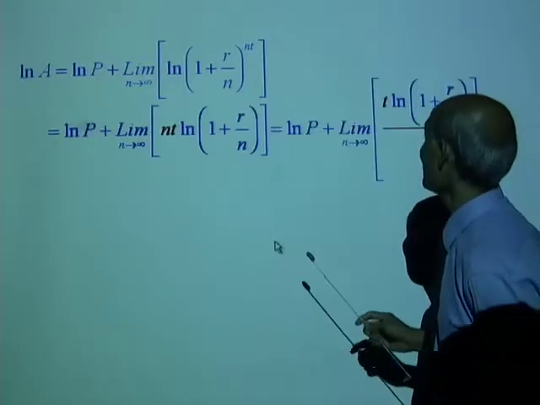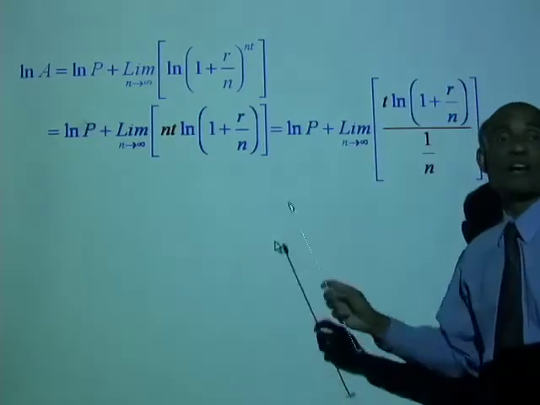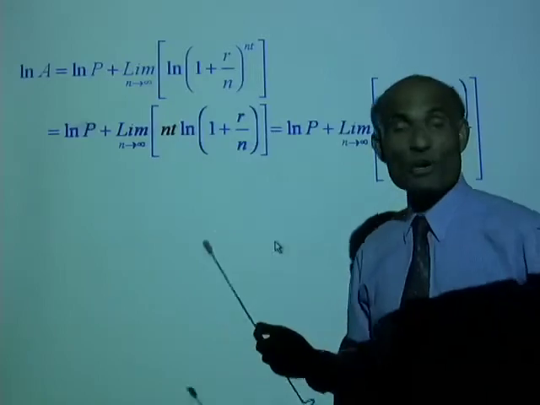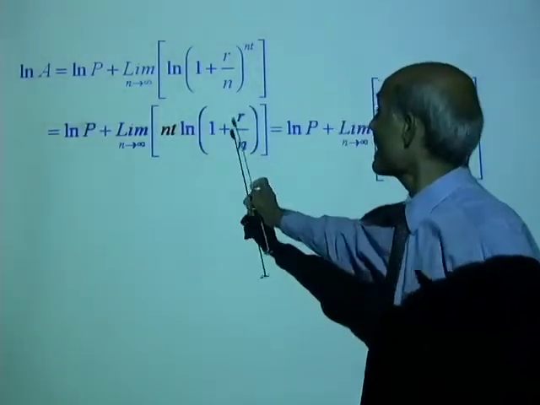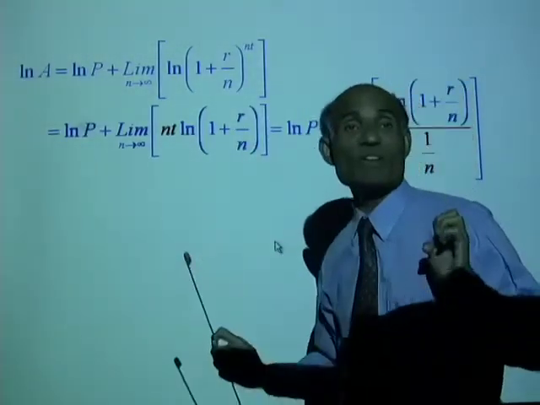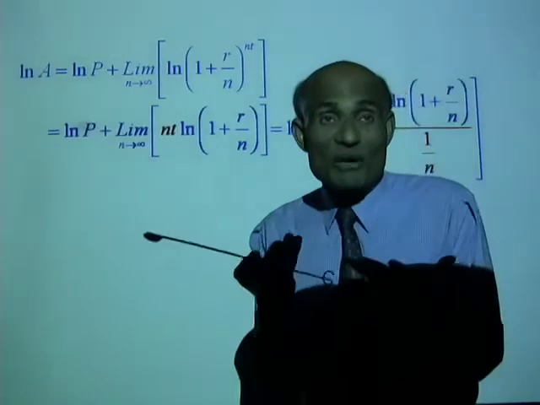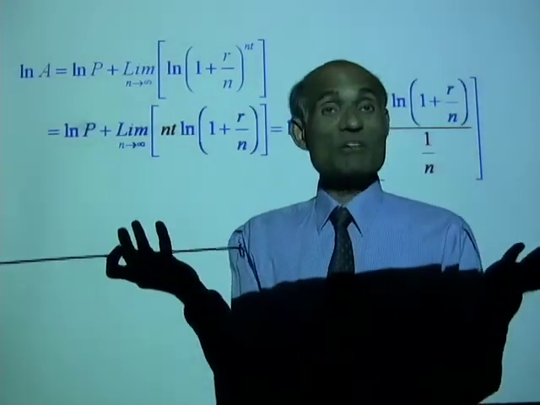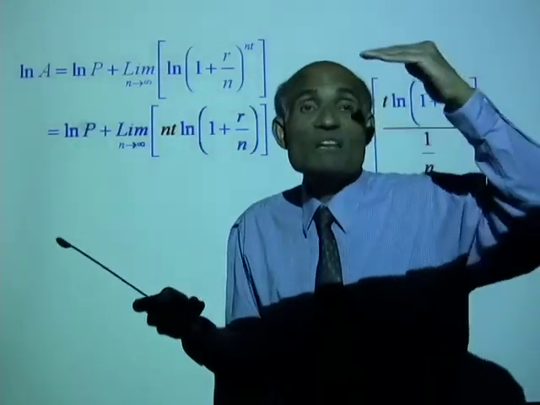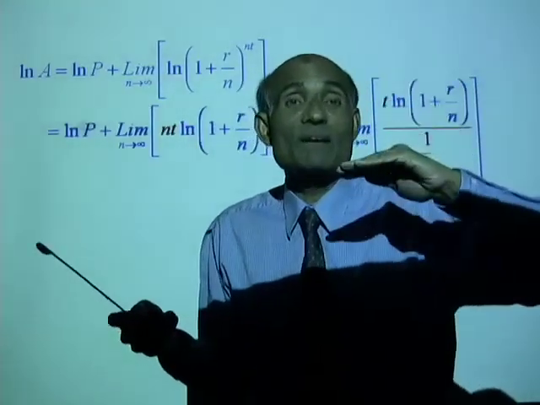Now, look at the manipulation I'm now doing here. In order that we may evaluate this limit, n goes to infinity, since the direct substitution doesn't give you any meaningful limit, we've got to see if L'Hopital's rule can be applied.